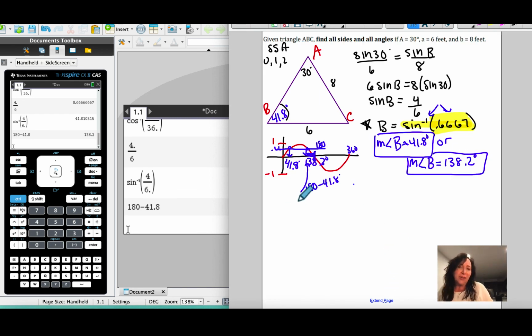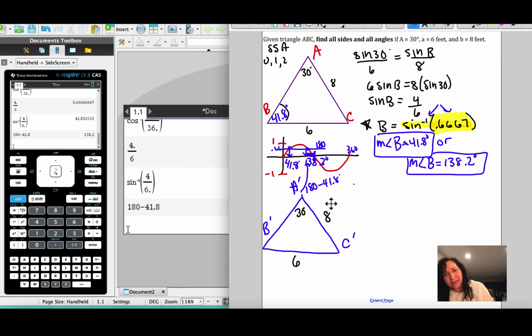But what we have to do now is make another triangle. Here's A, here's B, here's C. We'll call these prime, okay? And by doing that, we still have A is 30 degrees. We still have little a is 6. We still have little b is 8. But instead of this being 41.8, this angle, obviously not drawn to scale, but that's okay, is 138.2.